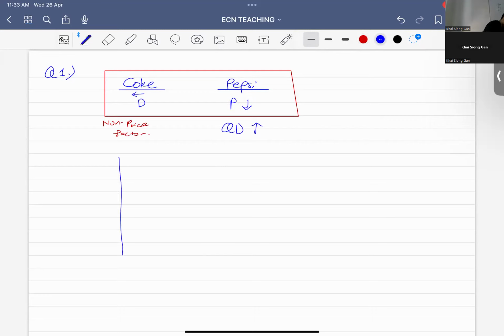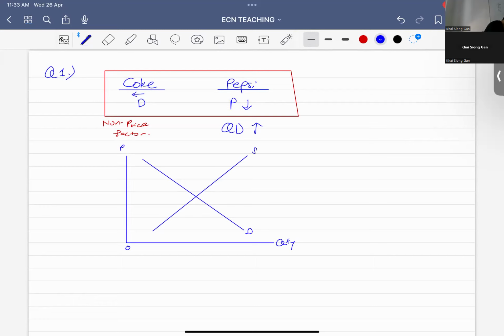Now I can draw the diagram here. First, draw your y-axis and x-axis: origin 0, price, quantity, demand curve, and supply curve. This is my equilibrium. When I draw this, I'm drawing the demand and supply for Coke.